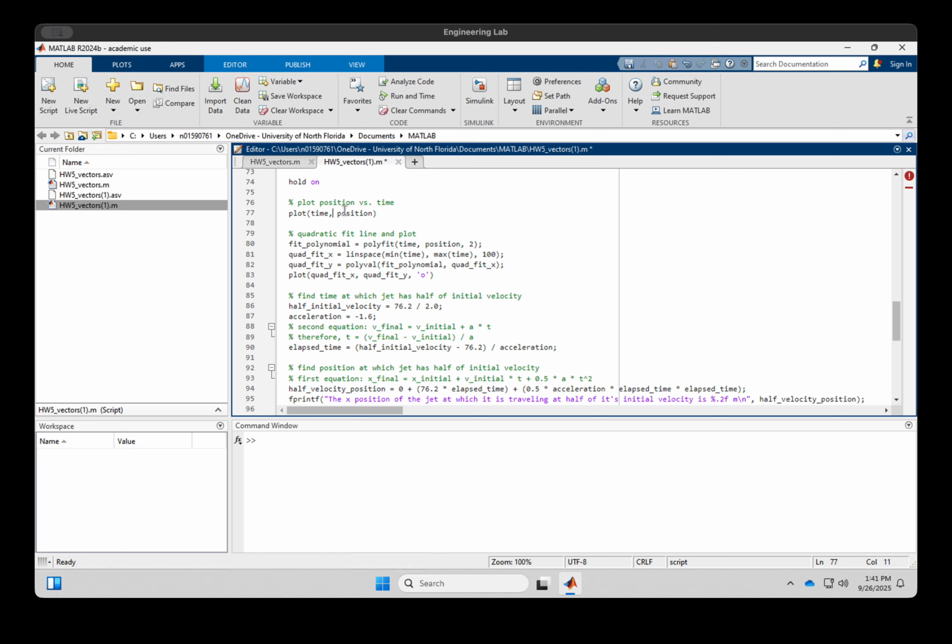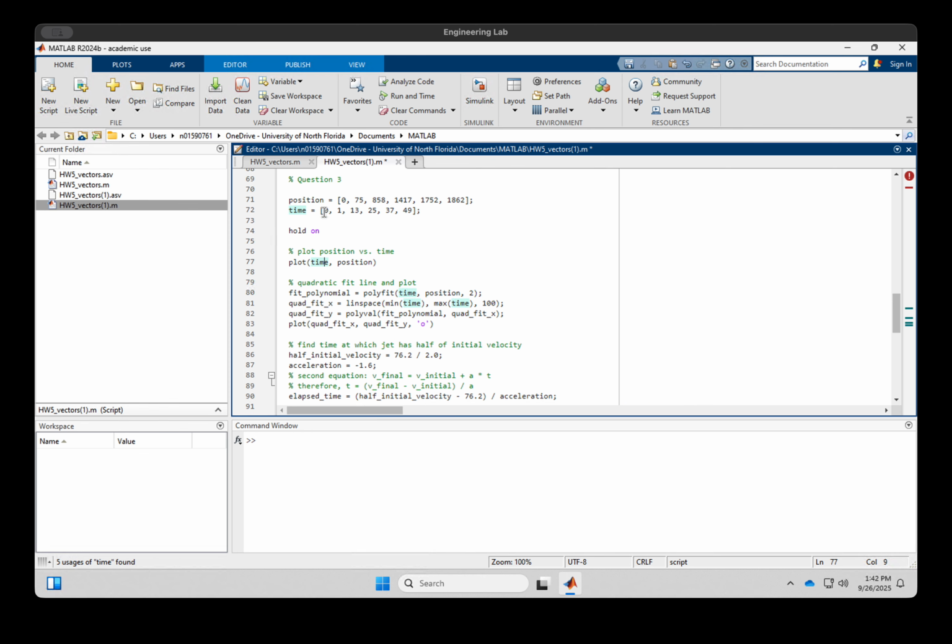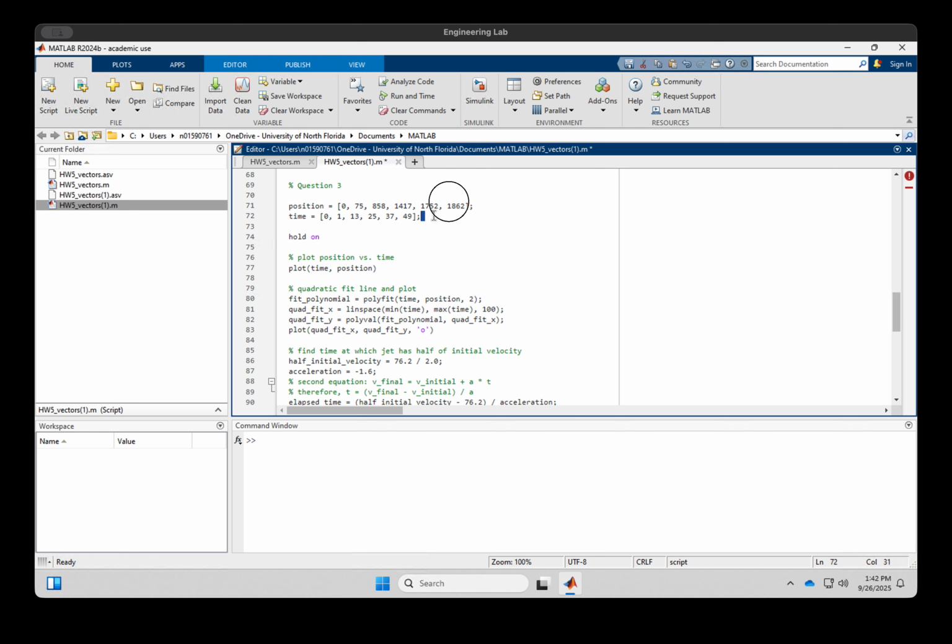So functions take in parameters, or they take in arguments, actually. The function itself accepts values that are called parameters, and then whatever value you pass in as those parameters are called the arguments. So the arguments that I'm giving to plot is, for parameter x, I'm going to pass in the argument time, which is this array.